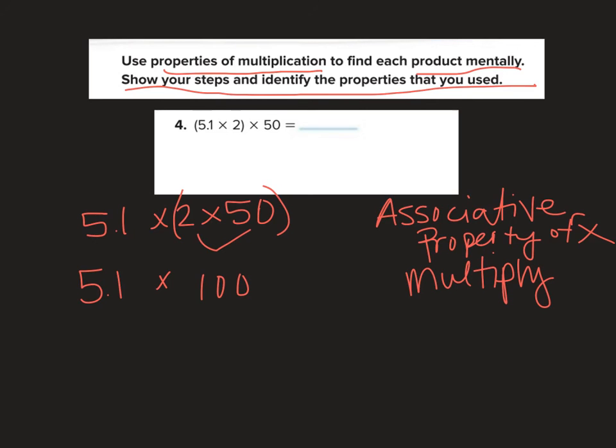The parentheses tell us which numbers to multiply first. Now when I'm multiplying this by 100, I have 2 zeros, which tells me I need to move this 2 spots bigger because I'm multiplying. So when I multiply that, I get 510.